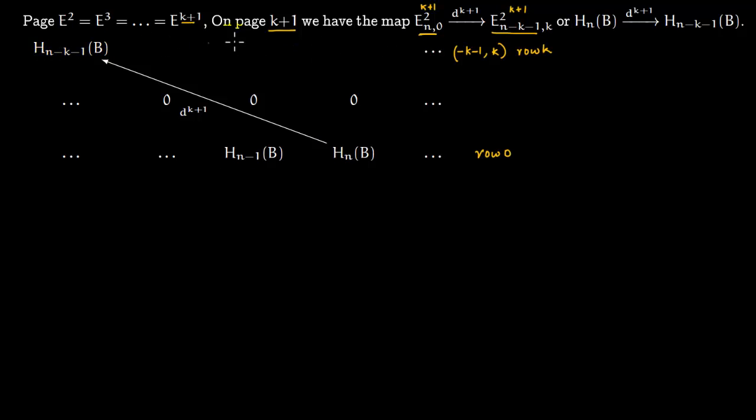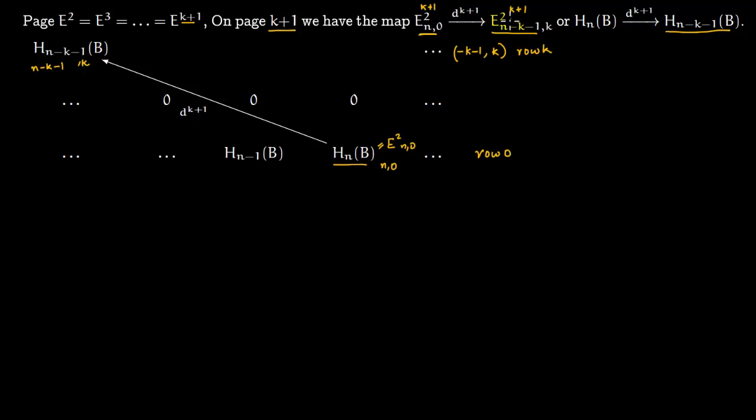So this is where the non-zero entries live. And as we have seen before, here you will get H_n(B), and here this entry is H_{n-k-1}(B). So again, notice that here the index is (n, 0), and here the index is (n-k-1, k). So this is the index. So we could have written this term here, E_2^{n,0} was right here.